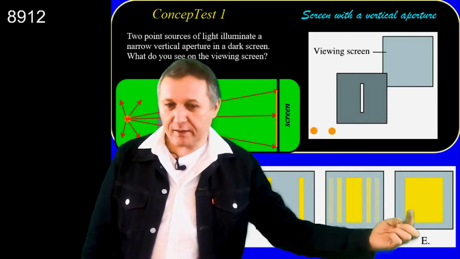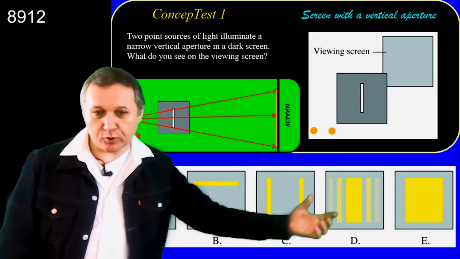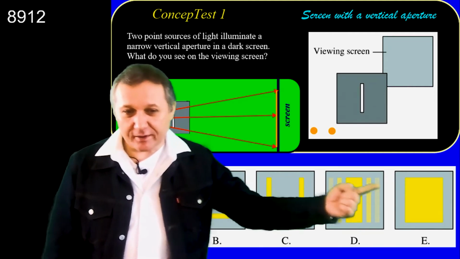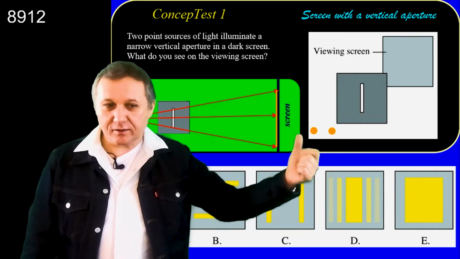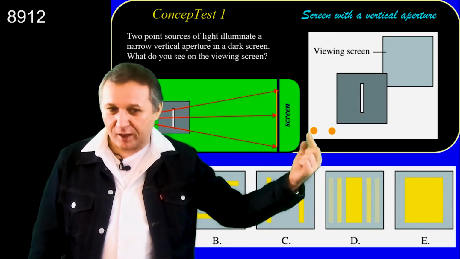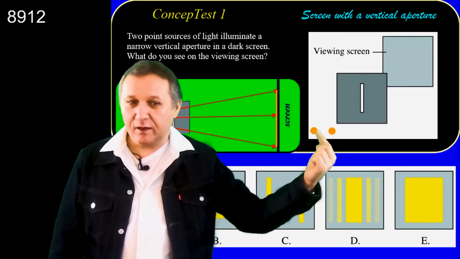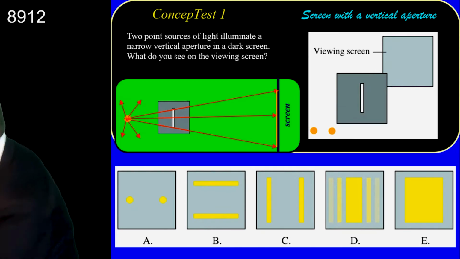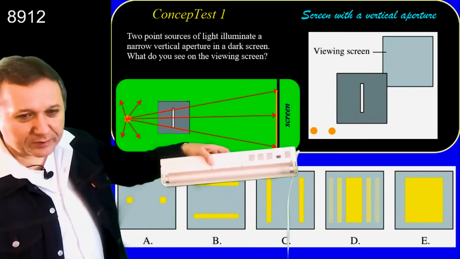Well, how about this situation? How can we get this distribution of light on the viewing screen? We can get that if we take, for example, a much larger number of bulbs and position them over here horizontally. For example, next one, then here, another one, another one.